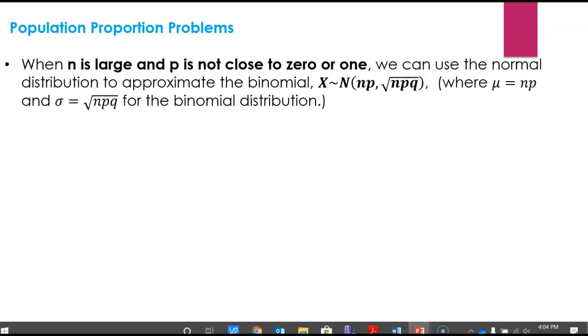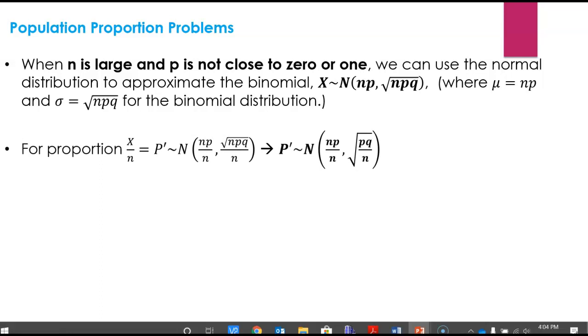When n is large and p is not close to 0 or 1, we can use the normal distribution to approximate the binomial, so that x is represented by N of np and the square root of npq, which, from our discussion of binomial distributions, are the mean and the standard deviation.